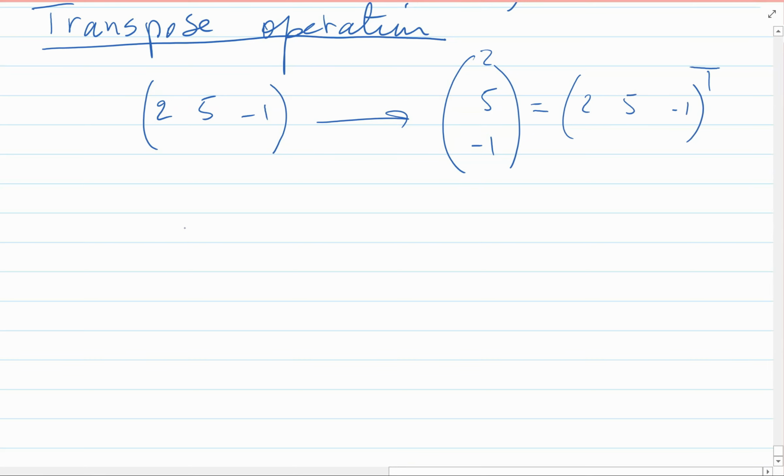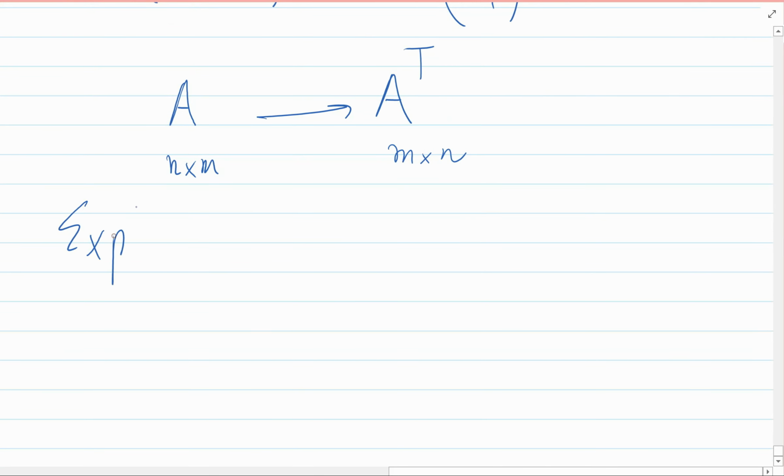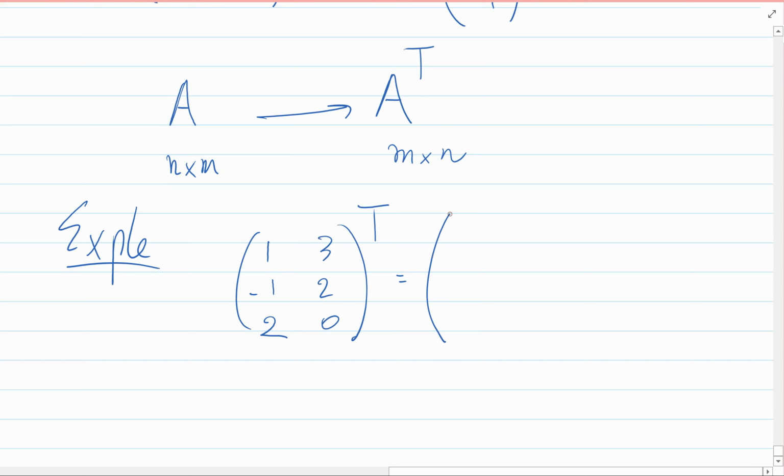So when we have a matrix A, we define A transpose. How do we do this? The rows of A become the columns of A transpose, and vice versa. So if A is N by M, A transpose will be M by N. For example, if you have 1, minus 1, 2, 3, 2, 0 and you want to do the transpose, the columns of the matrix become the rows.